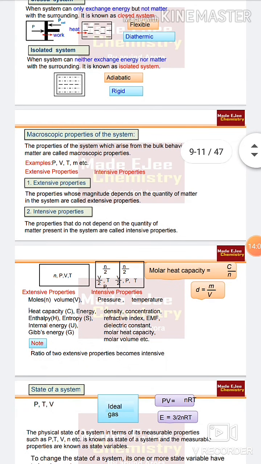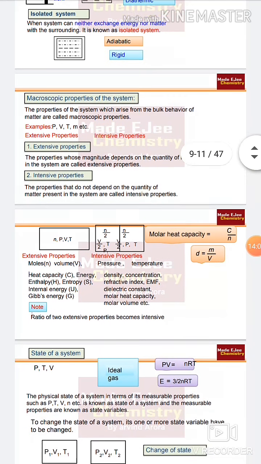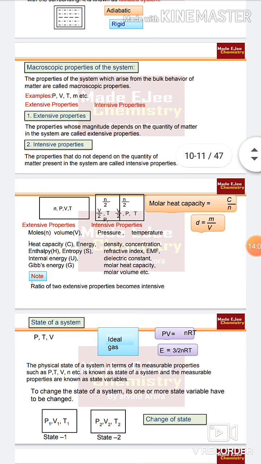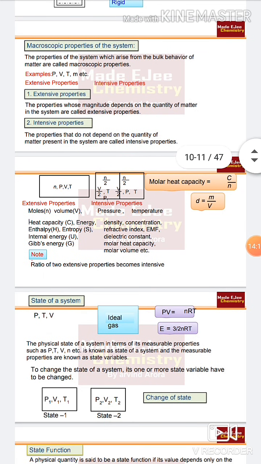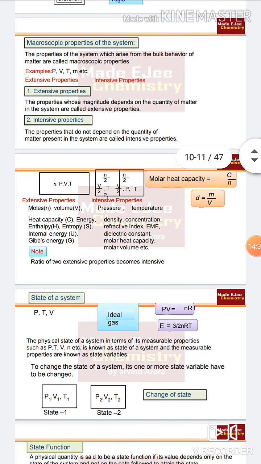Then the next point from this chapter is the properties of system. Actually, there are two types of properties of system, that is extensive property and intensive property. What are the extensive properties? The extensive properties are those which depend on the amount of matter in the system.